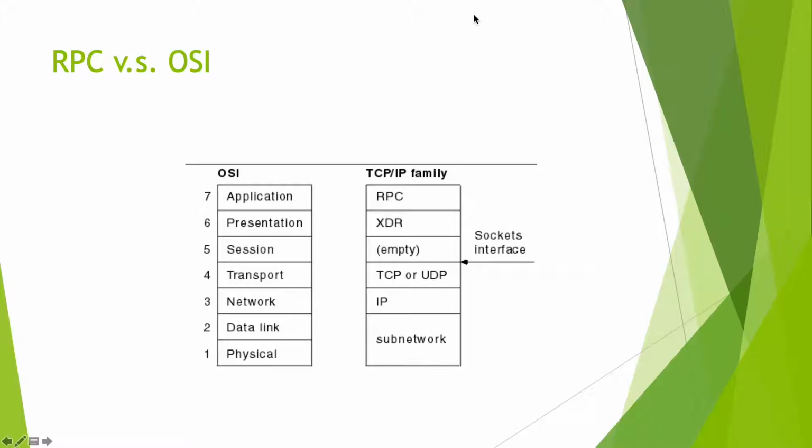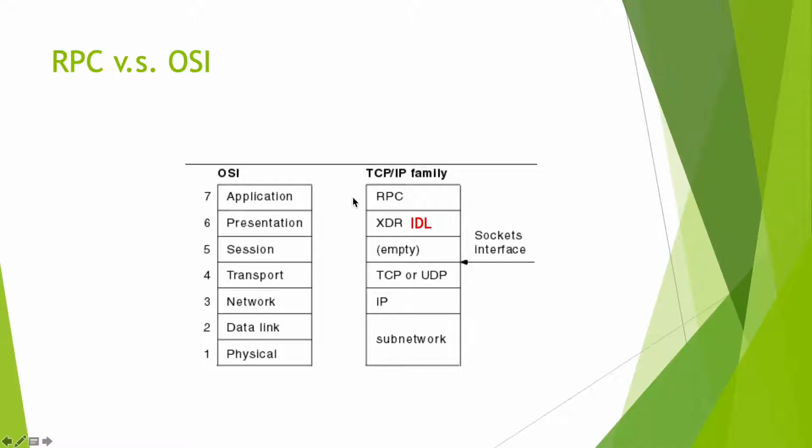Let's basically do an analysis of the RPC and what's going on behind the scenes. As you can see for this OSI 7-layer model, we have physical, data link, network, transport, session, presentation, and also application. The IDL, which is the XDR that we just wrote, appears at the presentation layer.